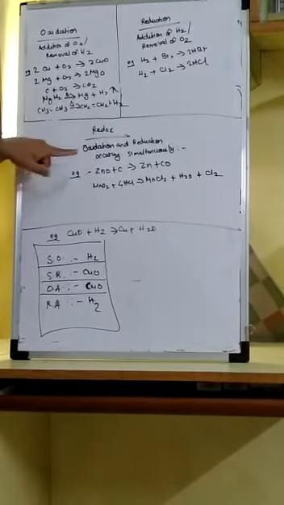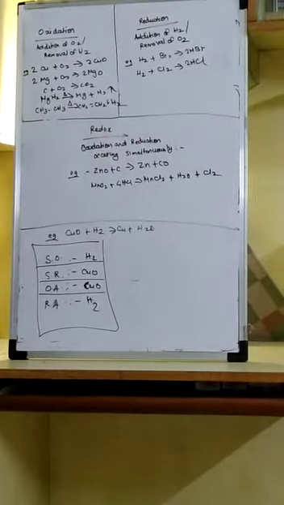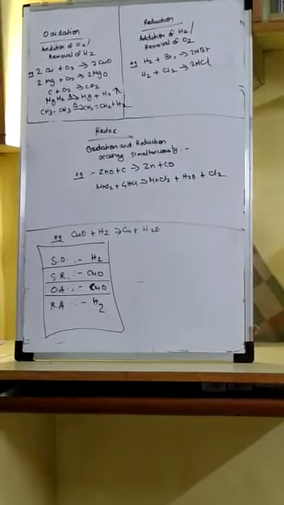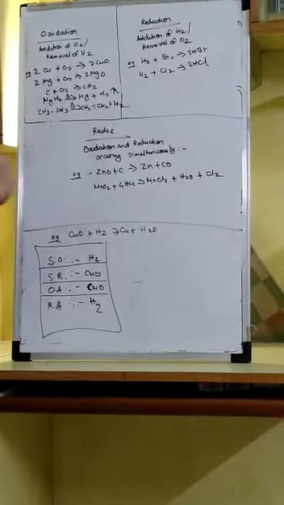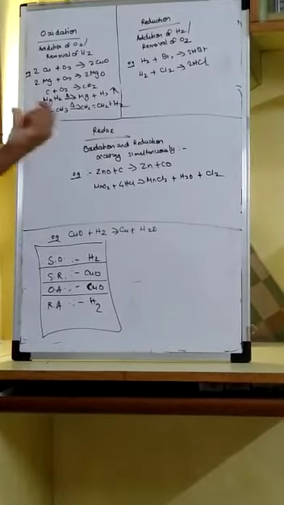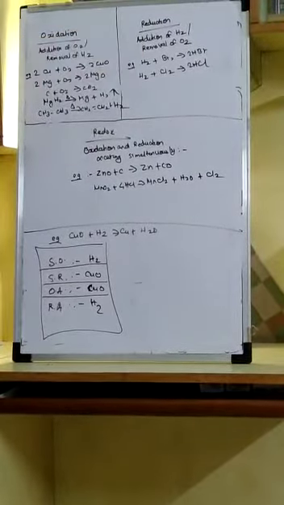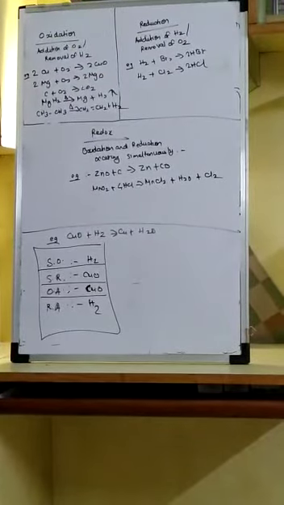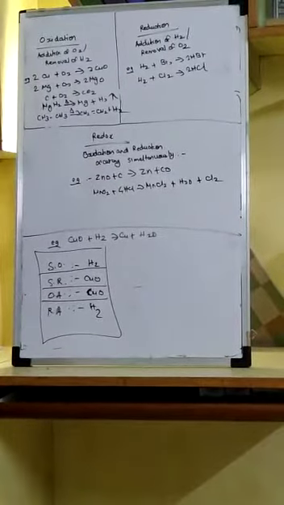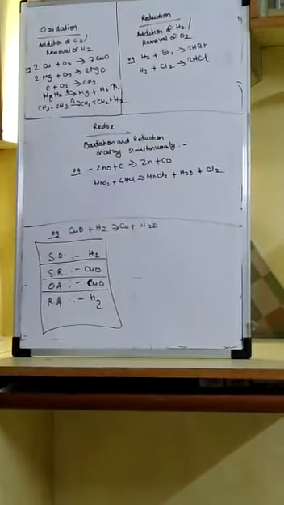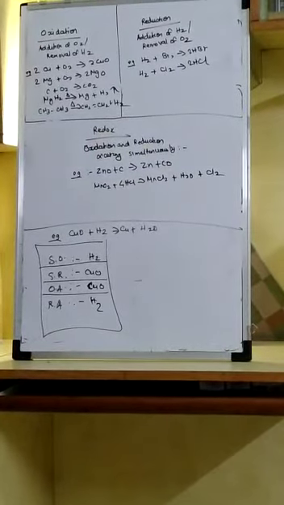The example we see is ZnO plus C giving Zn plus CO. How can I claim that this is redox? Oxygen is being removed from zinc oxide, which becomes zinc, so reduction is happening. Oxygen is being added to carbon, so carbon is becoming carbon monoxide, so oxidation is happening.